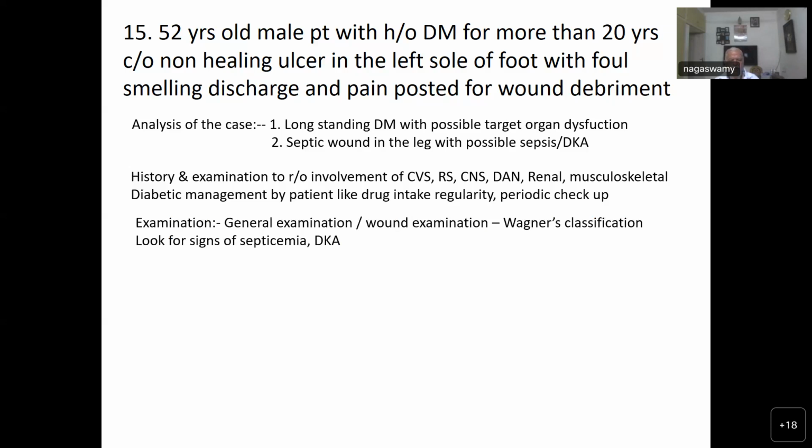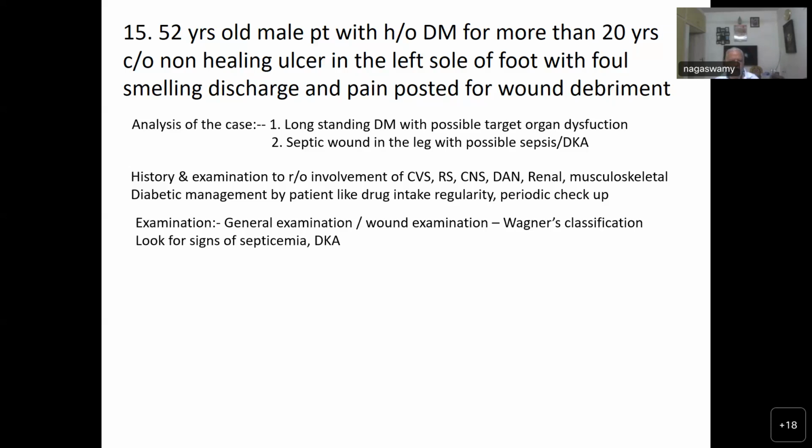And in the examination, you must make a general thorough examination of the patient. And coming to the wound examination, they may sometimes ask you about the surgical classification. There is a classification called Wagner's classification, where depending upon the various structures that are involved, like skin and subcutaneous tissue, then tendon, then joints, there are gradings for Wagner's classification.